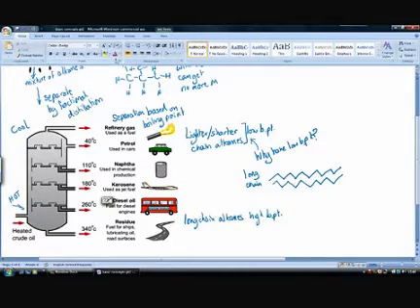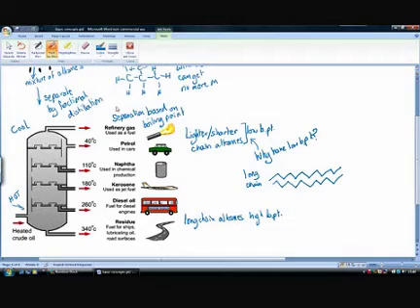Now, if we take a long chain molecule, between different long chain molecules, there are lots of contact points for the van der Waals forces, and these van der Waals forces build up and make quite strong forces in which to overcome. So lots of energy is required to overcome these van der Waals forces, which leads to high boiling points for the longer chain ones.